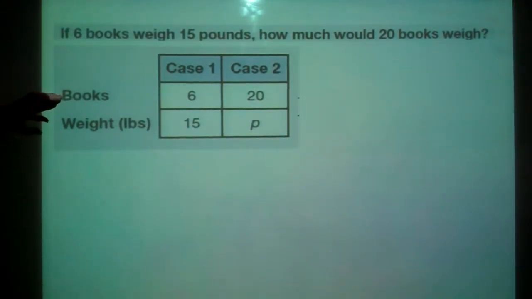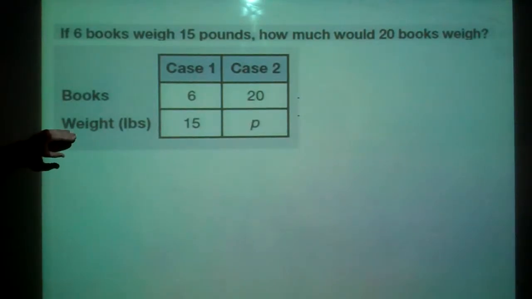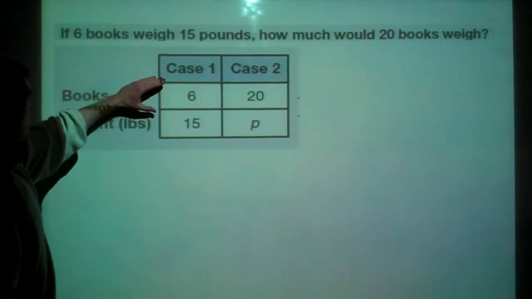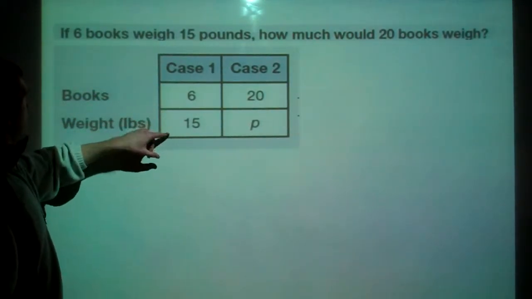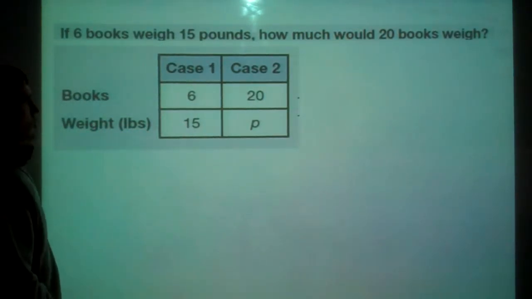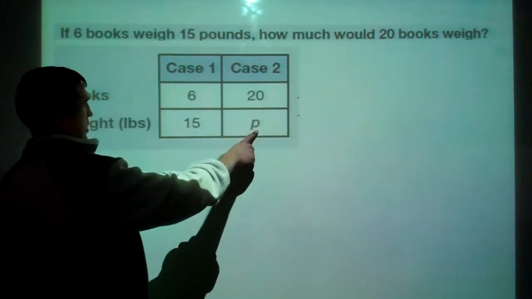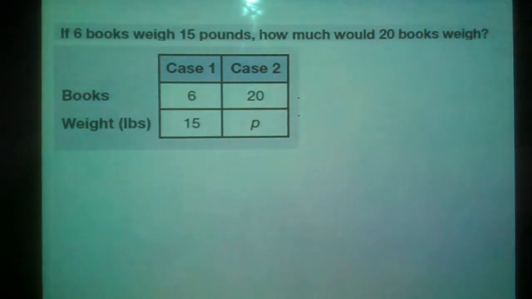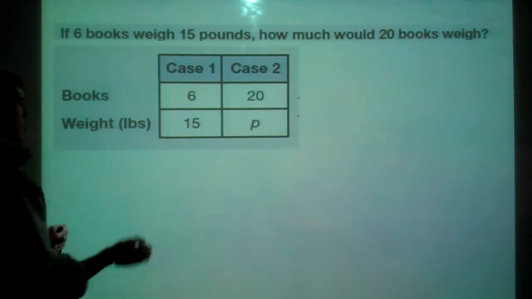We have the books, and we've got weight in pounds. Case 1, we've got 6 books, and we know that they weigh 15 pounds. And in case 2, we have 20 books, but we don't know how much they weigh. So we could set it up like this. This would be the proportion way to do it.